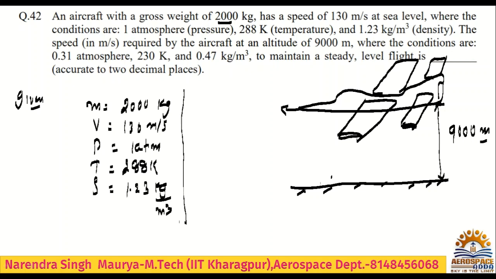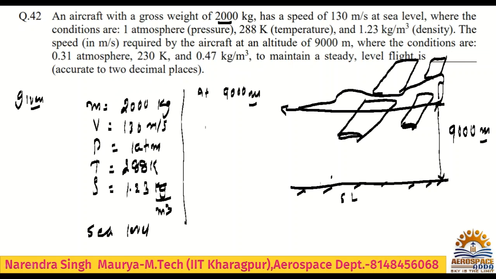It is not mentioned, but at one atmosphere, it is sea level actually. This is the sea level condition, 288 temperature, and density 1.225, round off 1.23. Yes or no? So this is the sea level value they have given to you.